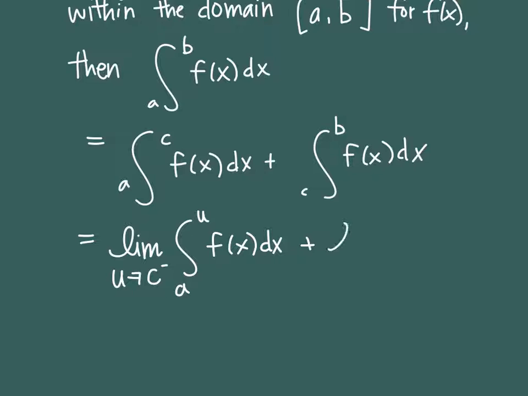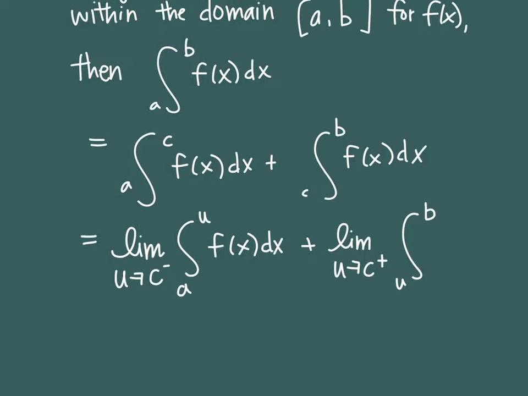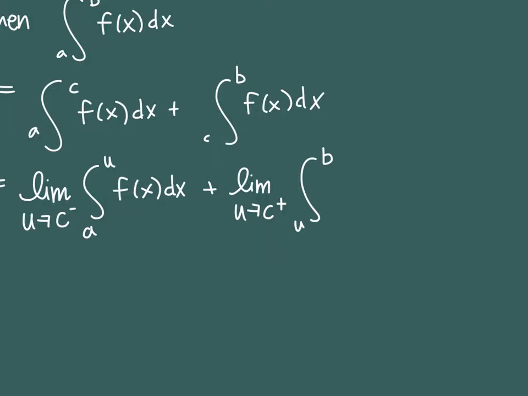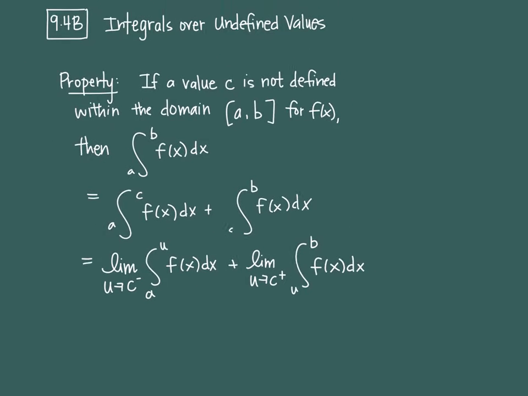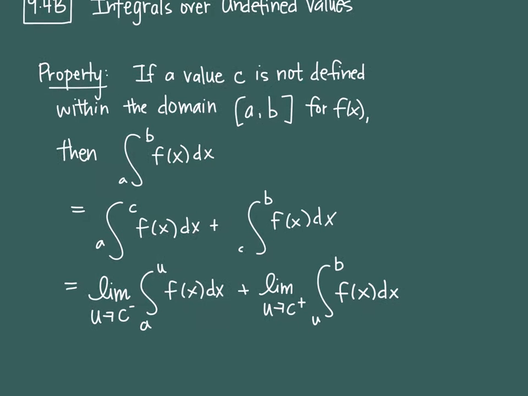And then we add to it the limit as u approaches c from the right, going from u to b. So we break up the integral at c, and then we replace it with the limit from the left and the right-hand side. And then we proceed as usual to evaluate the antiderivative and substitute, and then evaluate the limits. So that's the first property, if the c is not defined within the domain.